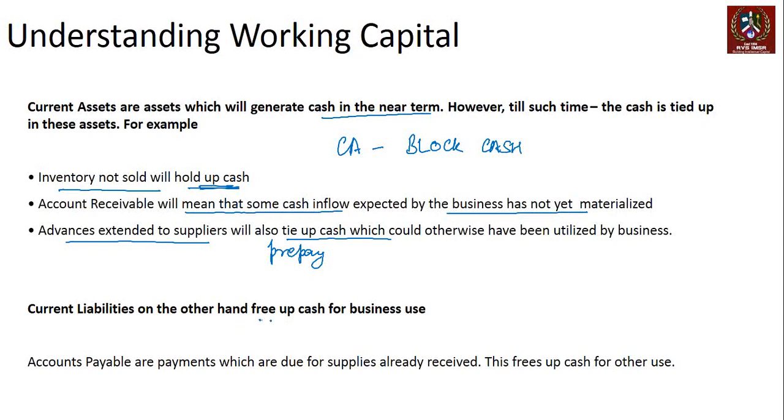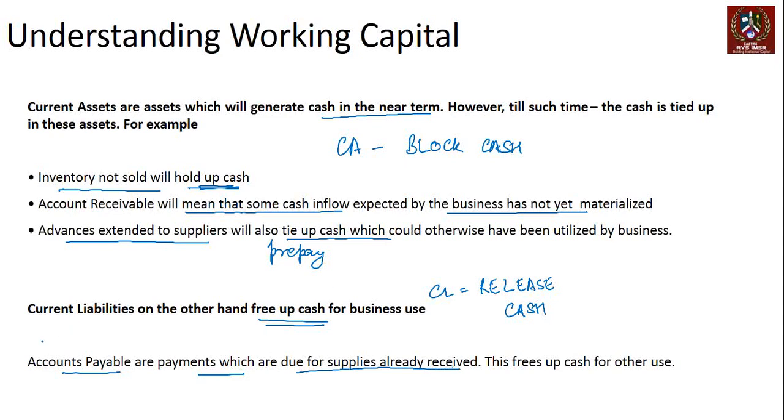Current liabilities, on the other hand, free up cash. Current liabilities release or free up cash. Why is that? What kind of current liabilities are there? Accounts payable are payments which are due for supplies received. Now, if you have not paid, that money is available with us, correct?